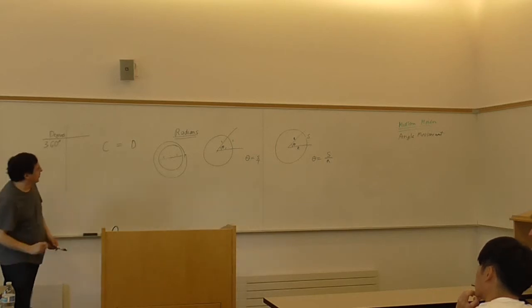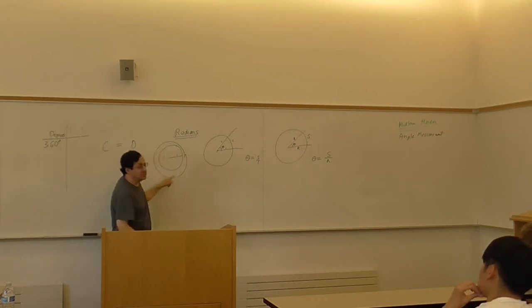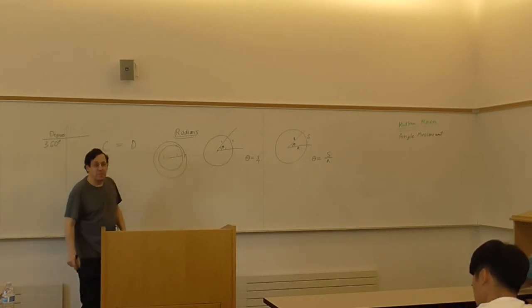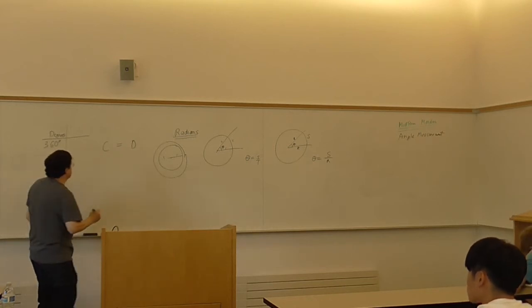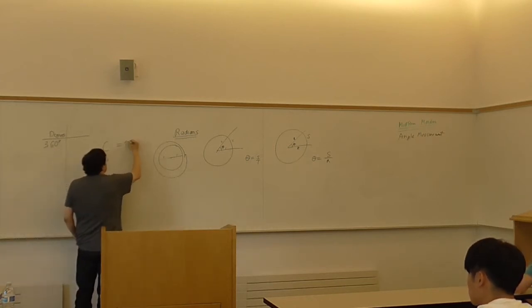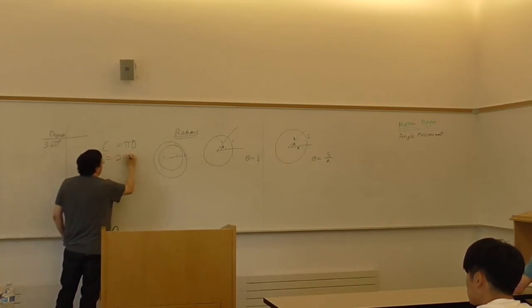What's the ratio of a diameter to the circumference? Pi times the diameter. Okay. So the circumference is 2 pi times the radius, right?